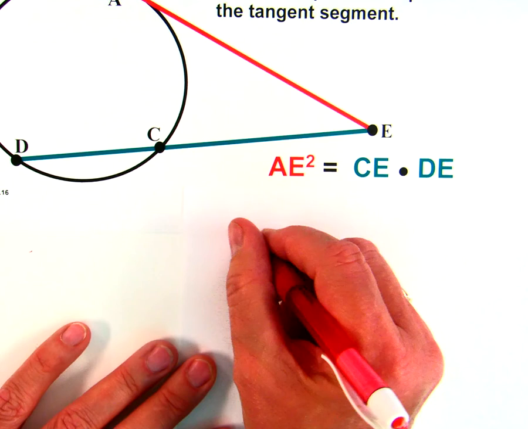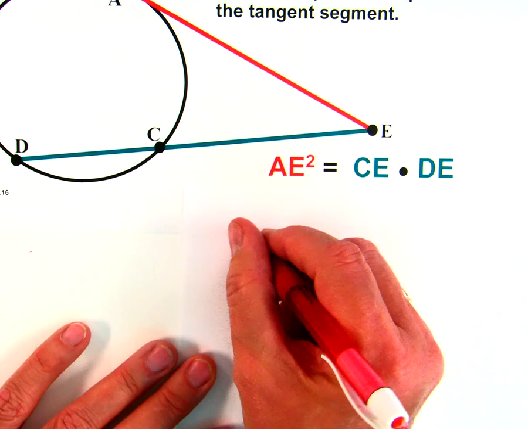So then what I have here looks like it could be proportionalized. It looks like it came from a proportion. And indeed I can. What I can do is divide and transform this into CE over AE equals AE over DE.